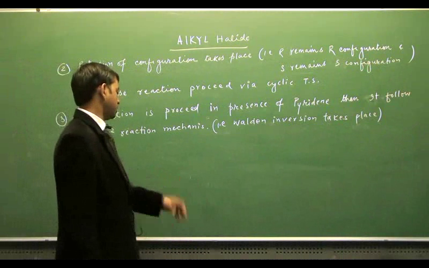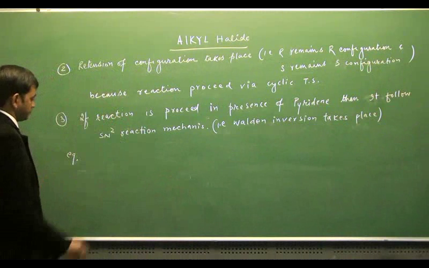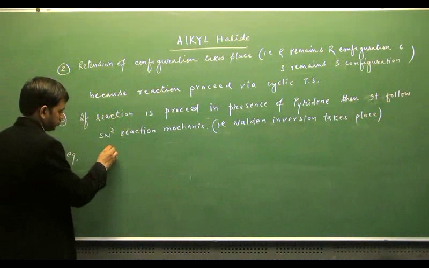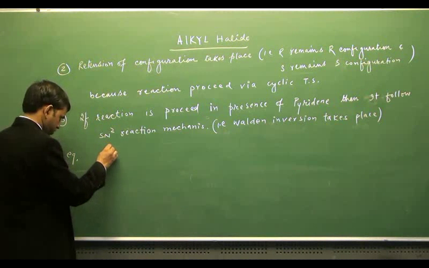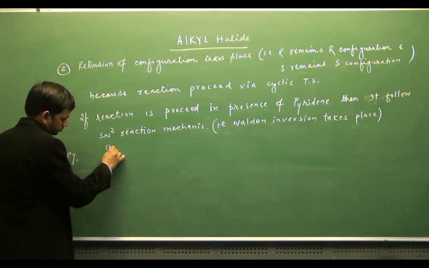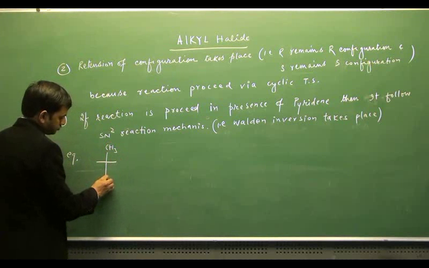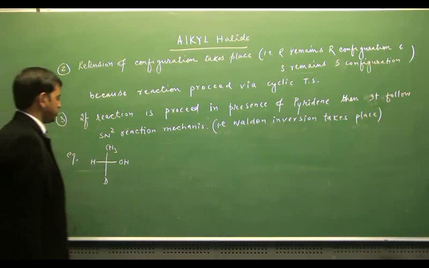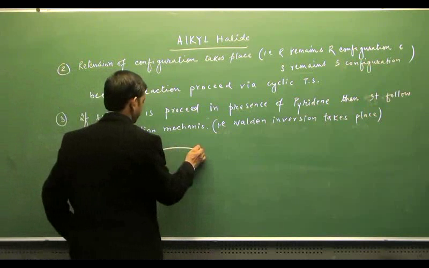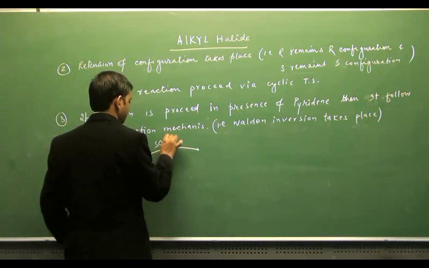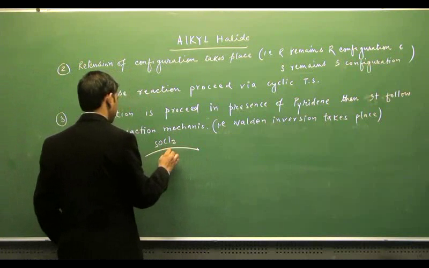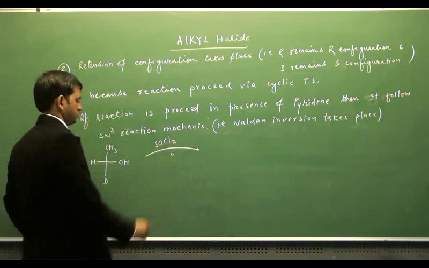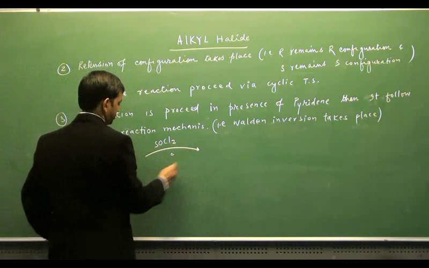If you see the example, here the compound given is CH3, D, H and OH. When the reaction proceeds in the presence of SOCl2 only, that is reaction with SOCl2, then retention of configuration takes place.